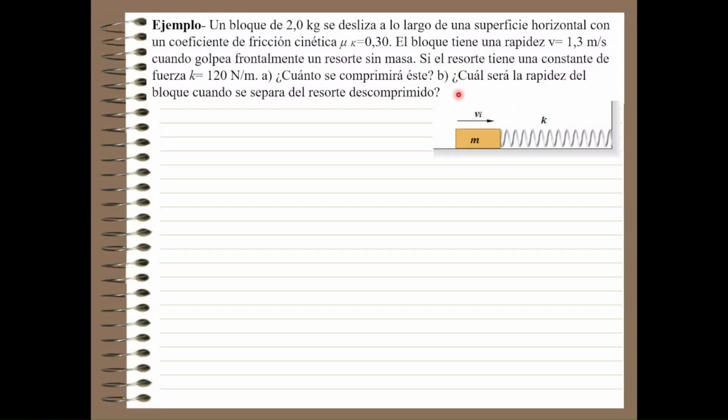As shown in the diagram, the initial situation is when the block, moving at 1.3 meters per second, starts compressing the spring, and the final situation is when the block comes to a stop.